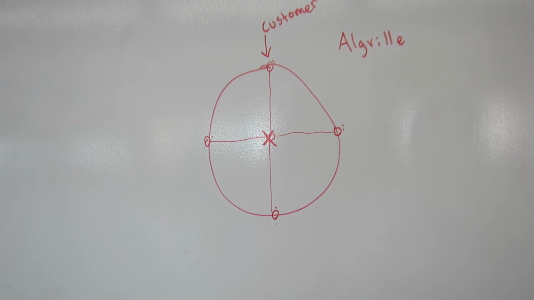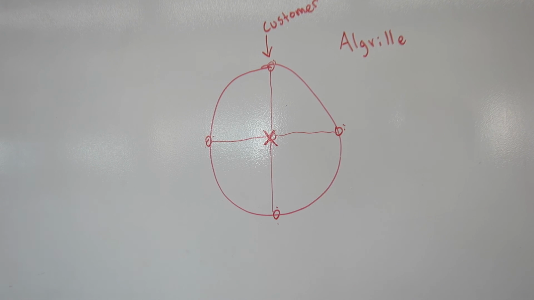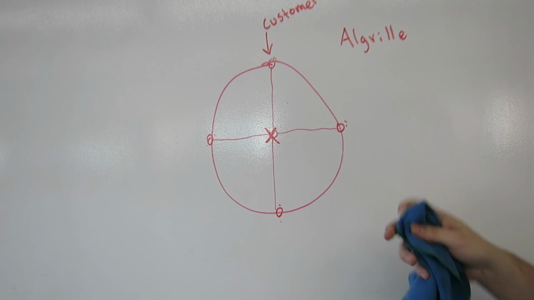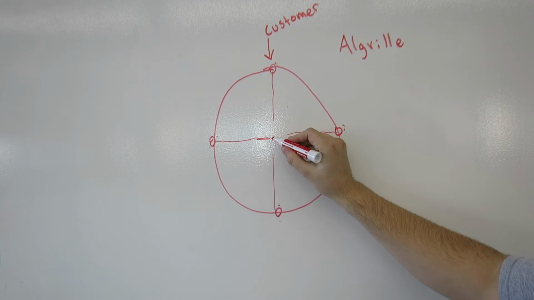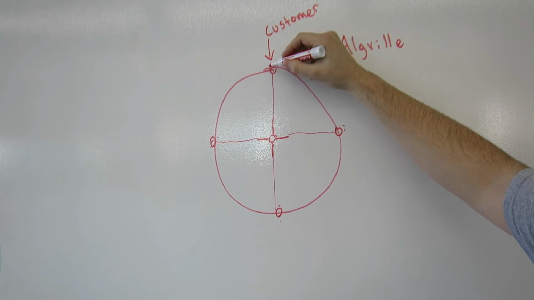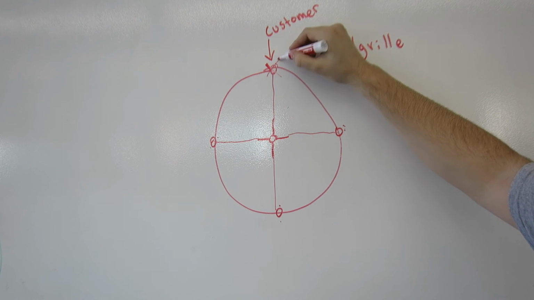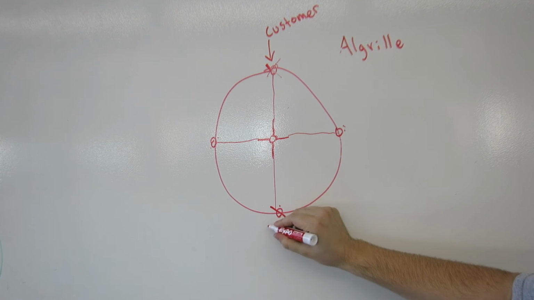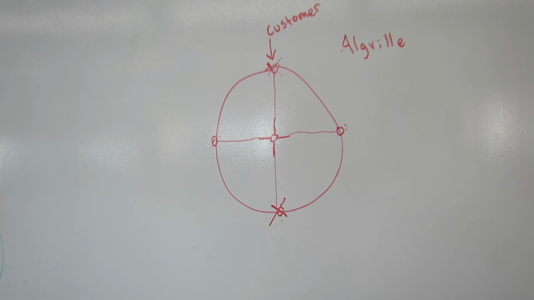For example, another dominating set could be shown like this, with an ice cream truck here and here. Keep in mind that this is not the minimum dominating set, because in this case, we have a dominating set of size 2.